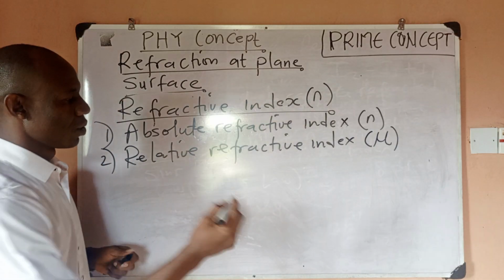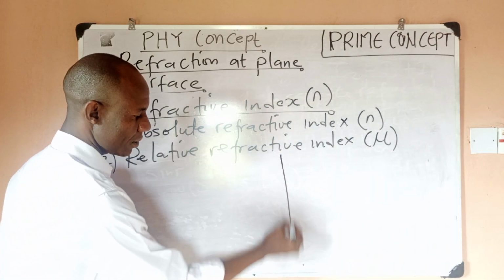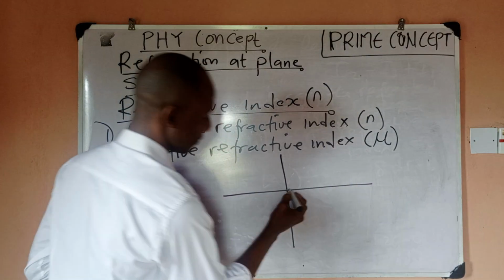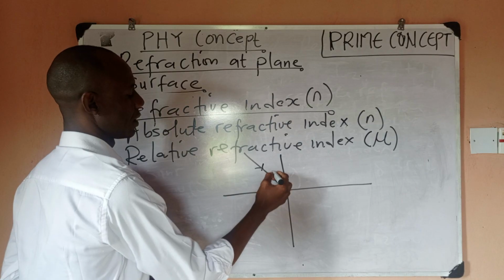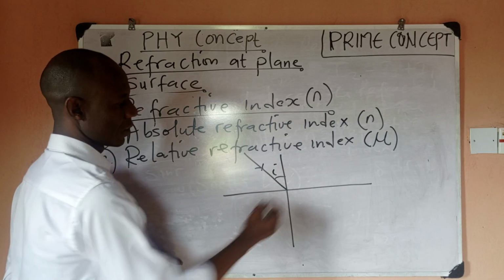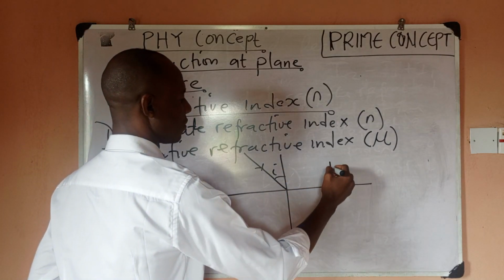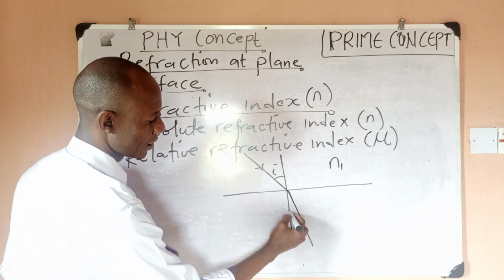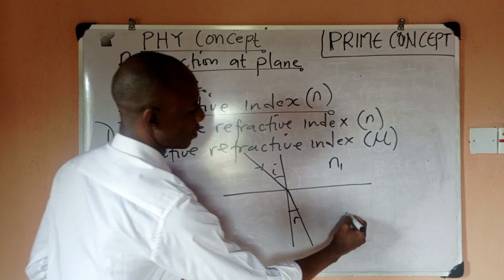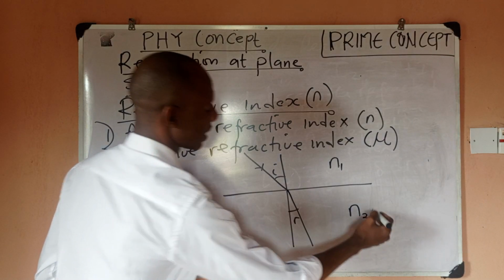If we have a situation like this, this is I, so this is medium 1 with refractive index N1, and this is R, medium 2 with refractive index N2.